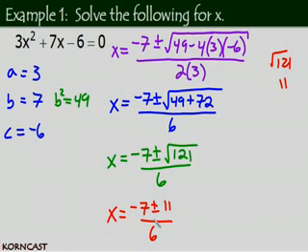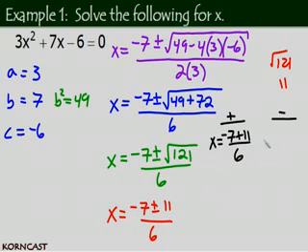Now if we recall, we have a plus or minus, which means we're going to get two answers here. So let's take a look at those now. For the plus, we get x equals negative 7 plus 11 over 6, or x equals negative 7 minus 11 over 6.